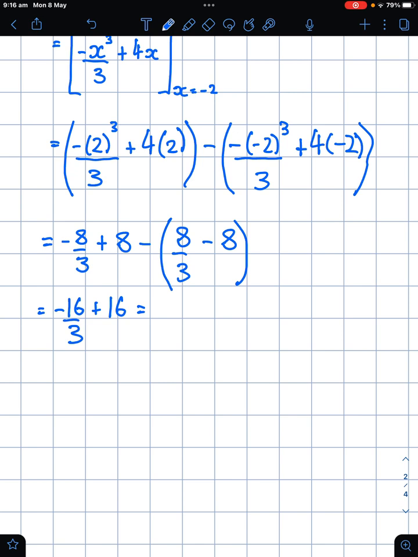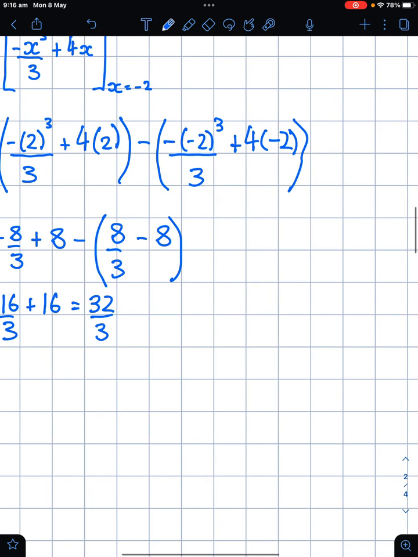I'm just going to go straight to my calculator to finish this calculation. 16 take negative 16 on 3 gives me 32 on 3, which is my exact value. If I wanted to write it rounded, it's 10.6, or it's 10 2/3, which we can sort of see from that.